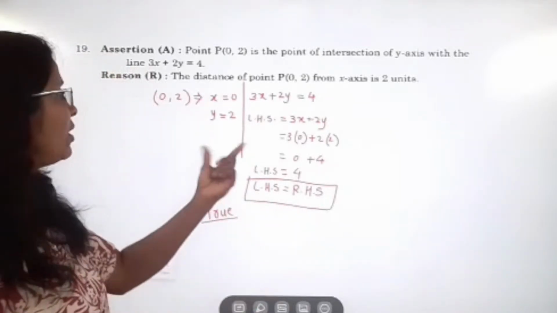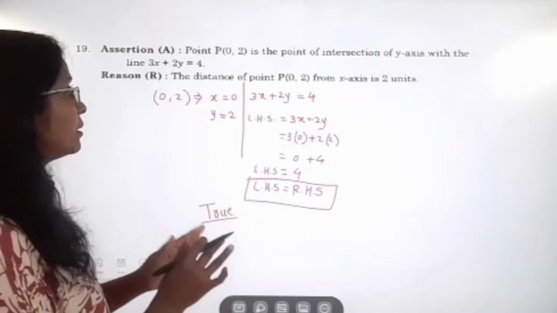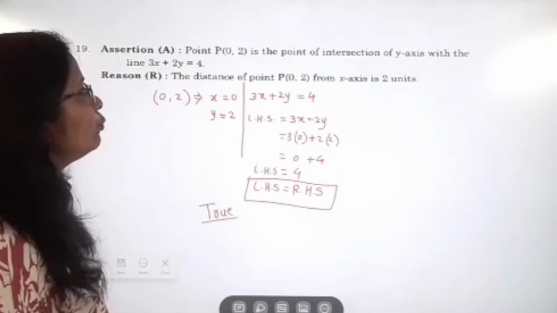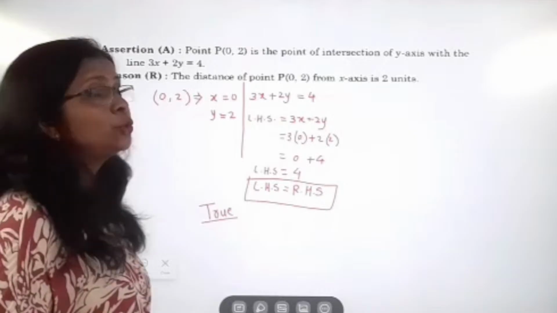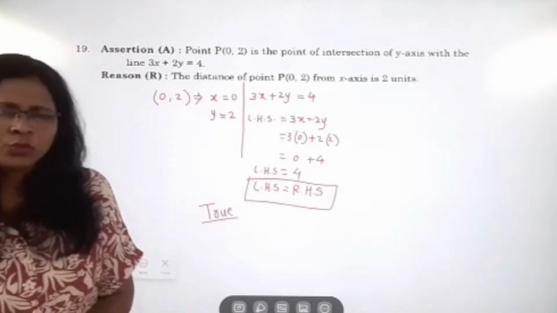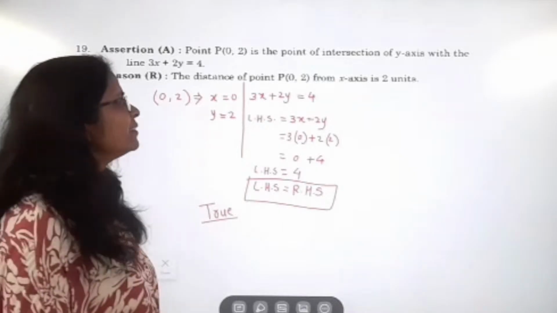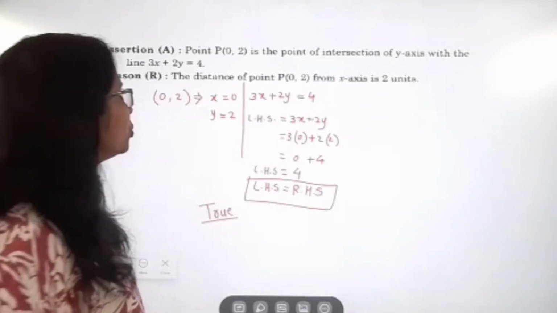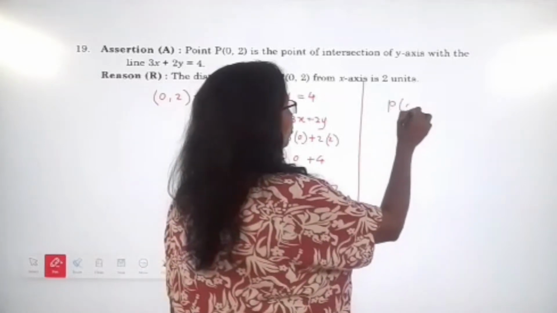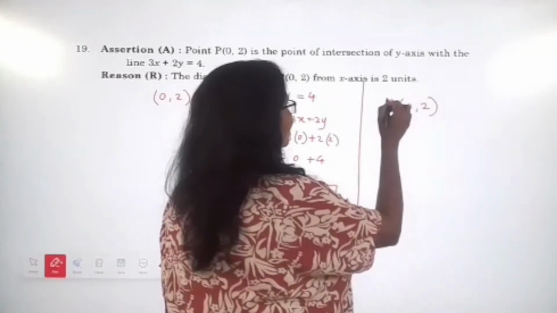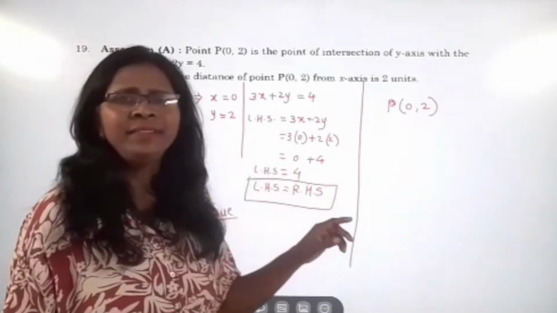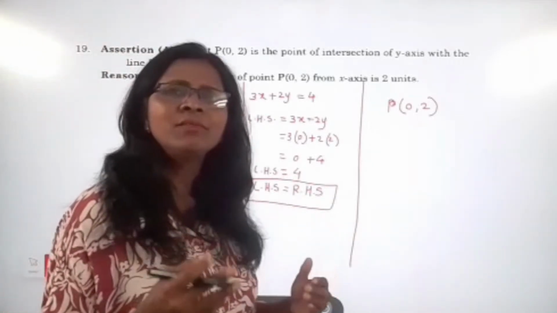Now the second one, the reason: the distance of point P(0, 2) from the x-axis is 2 units. Yes students, it's 2 units. There is a point P(0, 2), and from the x-axis the distance will be 2, of course.